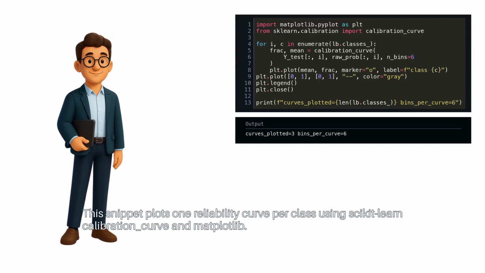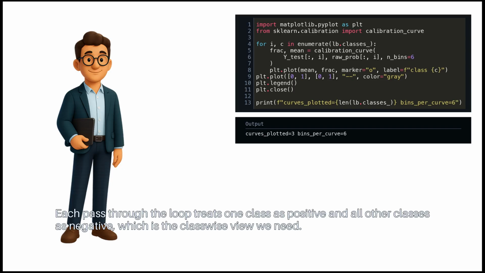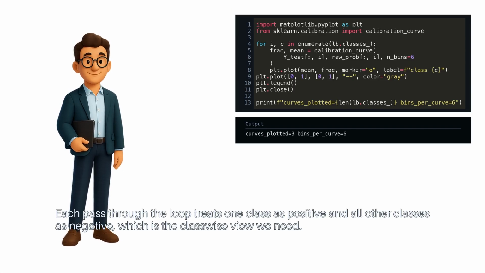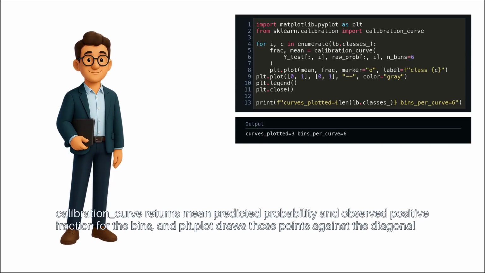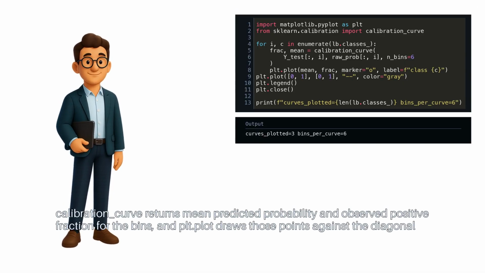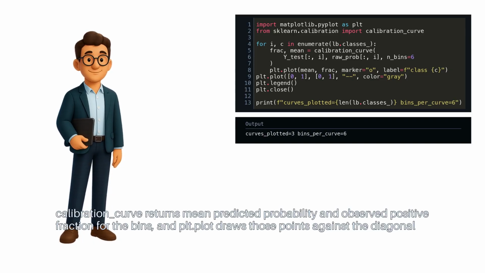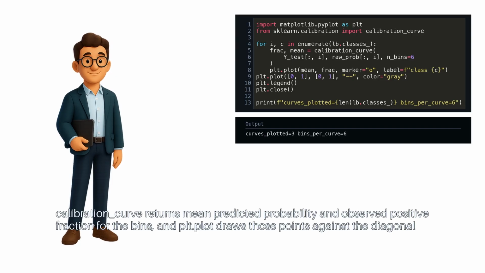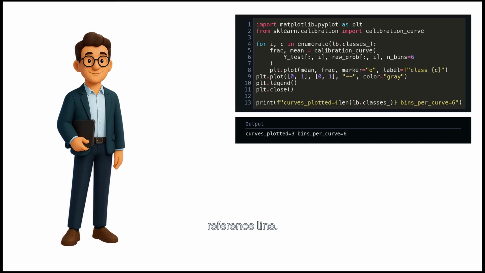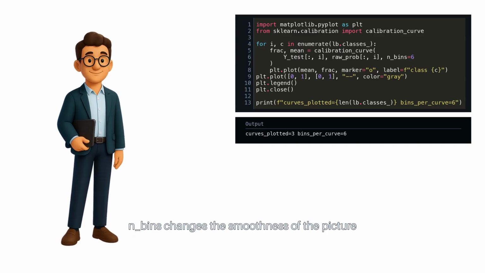This snippet plots one reliability curve per class using scikit-learn calibration_curve and matplotlib. Each pass through the loop treats one class as positive and all other classes as negative, which is the class-wise view we need. calibration_curve returns mean predicted probability and observed positive fraction for the bins, and plt.plot draws those points against the diagonal reference line. n_bins changes the smoothness of the picture.